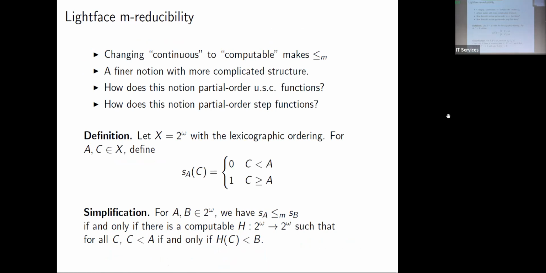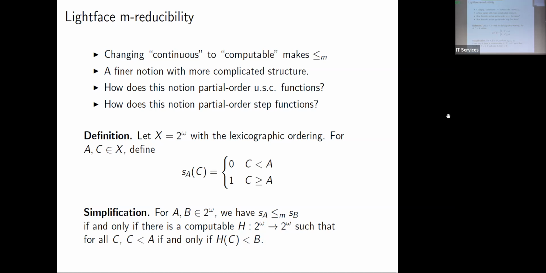So consider Cantor space, and let's put the lexicographic ordering on Cantor space so that we can make sense of having a step function there. Just think of the elements of Cantor space as the binary expansion of some real number, and make the less-than follow those numbers.